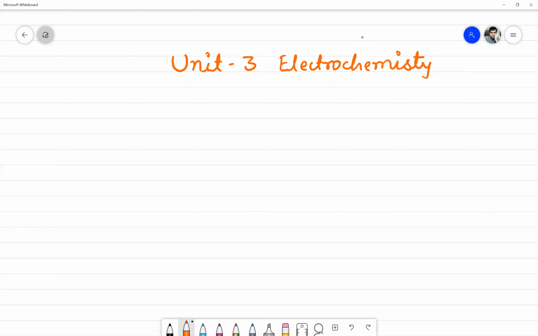Electrochemistry is a branch of chemistry which deals with the study of interconversion of electrical energy to chemical energy and chemical energy to electrical energy.